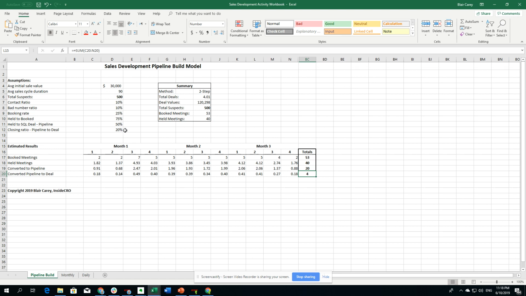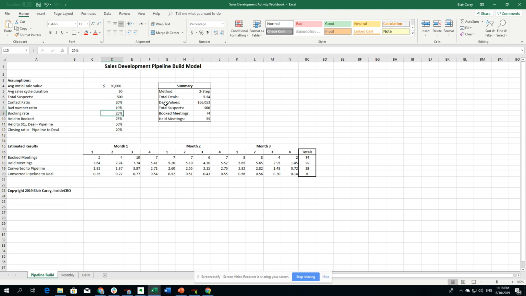Now, a lot of these are assumptions, but they're based on well-founded understanding. So for example, this is very conservative, a 10% contact ratio. We believe with a certain cadence we can get to a 20% contact ratio and dramatically impact the number of booked meetings that we can have during that period of time.